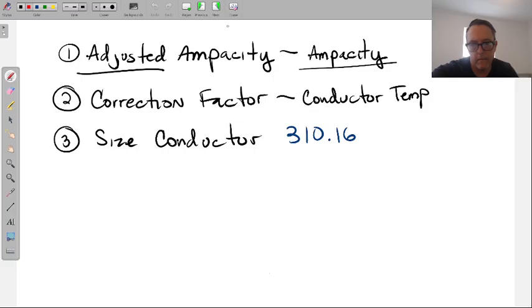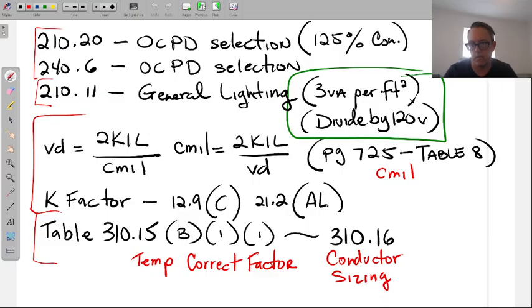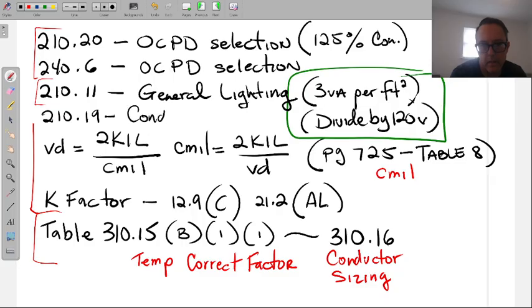Why don't I have it here? Over here when we get into conductor selection, I have to add one. I am literally missing an article that we need. I apologize, but there's a spot for it right there, which is 210.19. OCPD selection I have there, but conductor selection I messed up my organization, I apologize for that.